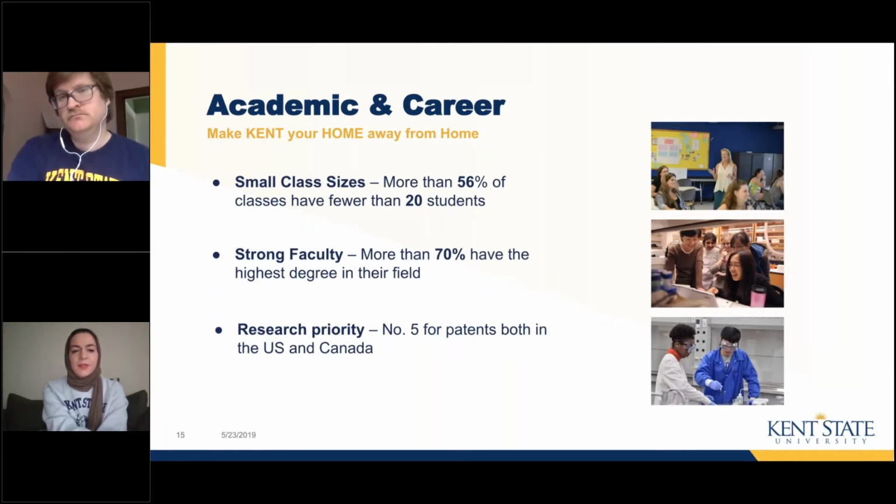All right. So Kent State has been helping students fulfill their dreams for over 100 years and helping them succeed in their academics. So one of the things that is super important is that we do have the small class sizes. So more than 56% of our classes have fewer than 20 students.